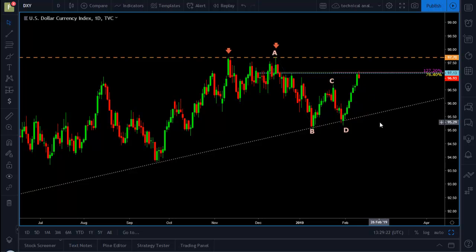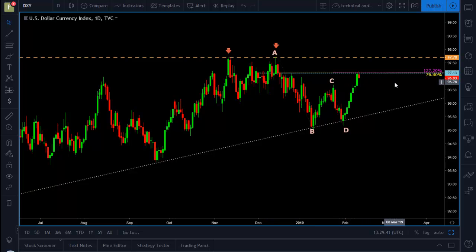So this is why we have the idea that the US dollar is going to be pulling back. And the reason is that we have hit this base, right? This previous structure high, which was also support at one time.